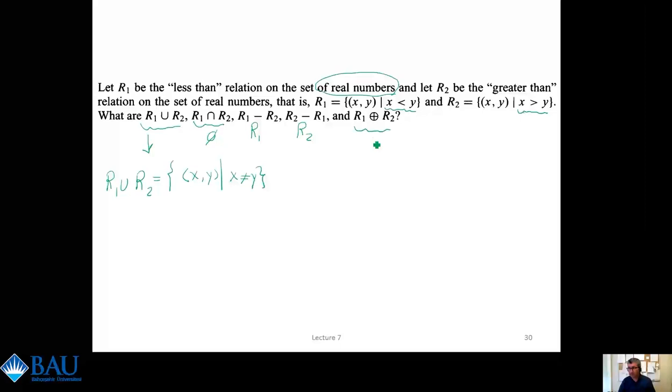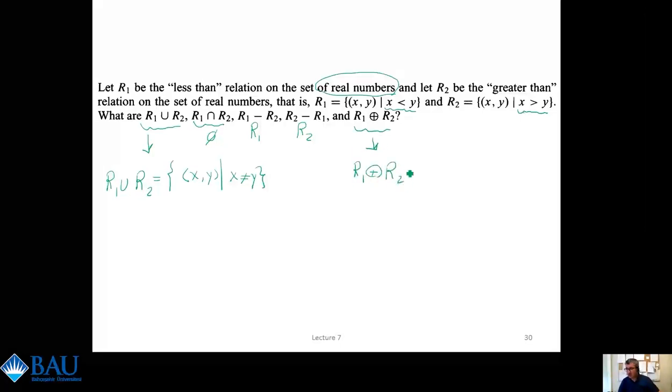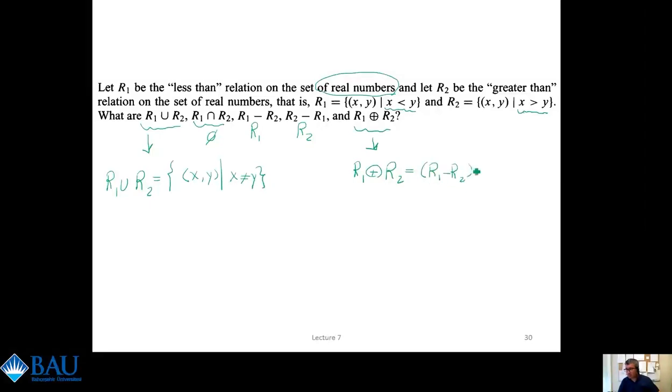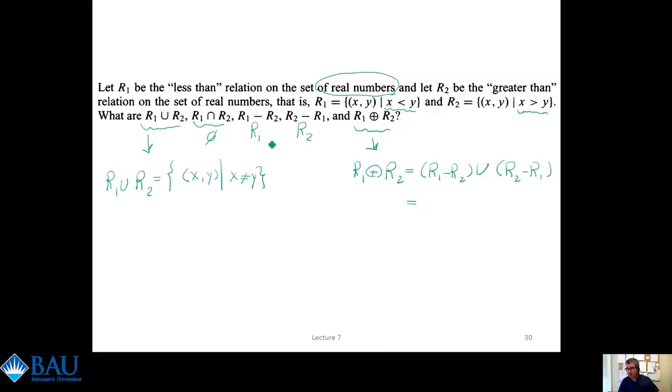Now, the hardest part: XOR. We know that R1 ⊕ R2 is R1 minus R2 union R2 minus R1. We found that R1 minus R2 is R1, and R2 minus R1 is R2.